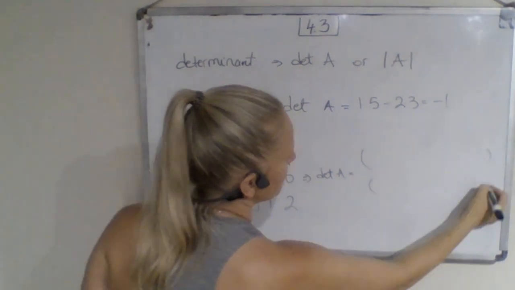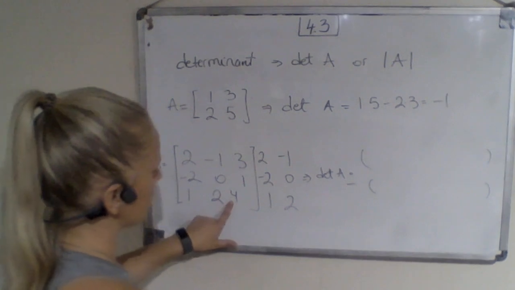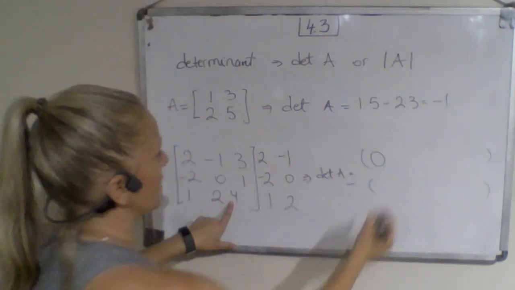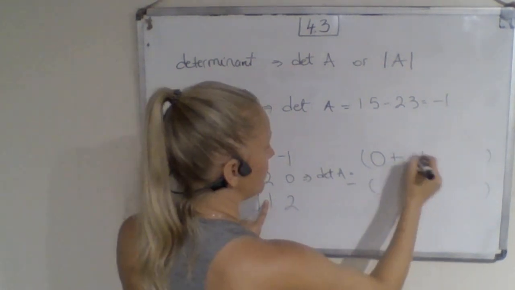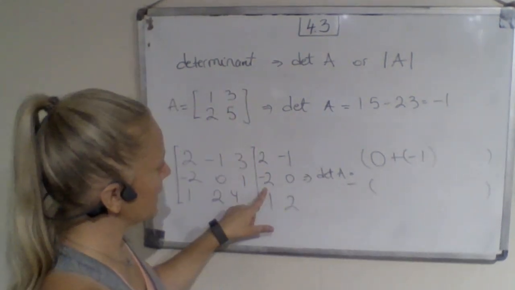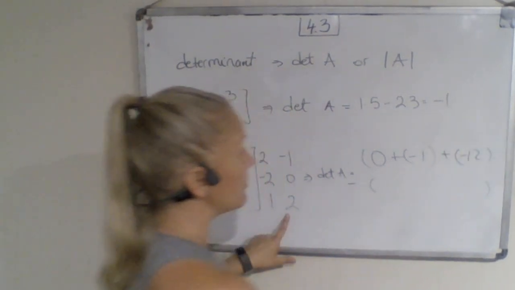On the top, I'm going to do my diagonals like this. 2 times 0 times 4, 0, plus negative 1 times 1, negative 1, plus 3 times negative 2, negative 6, times 2, plus negative 12. Now I'm done with that diagonal.